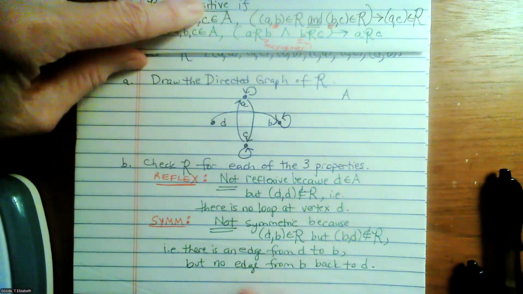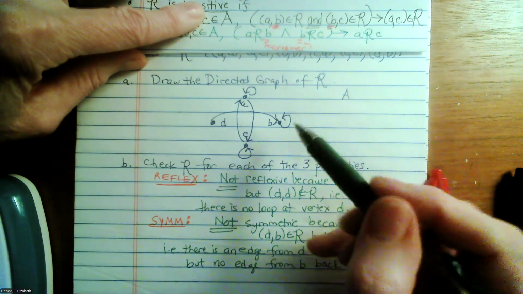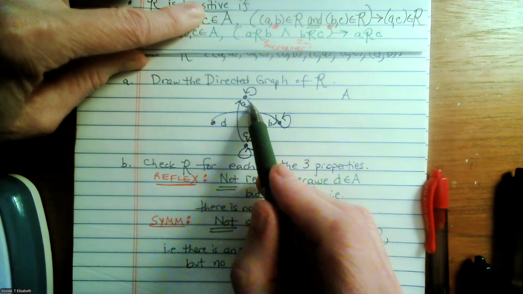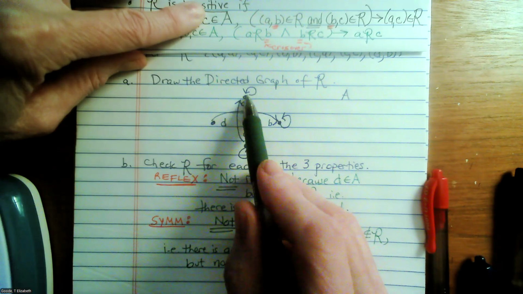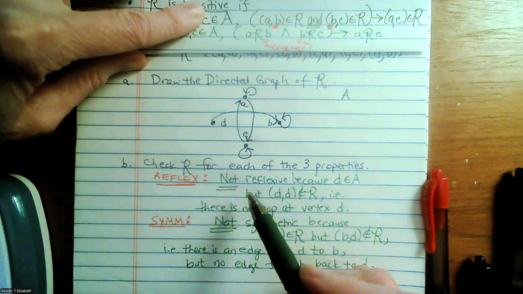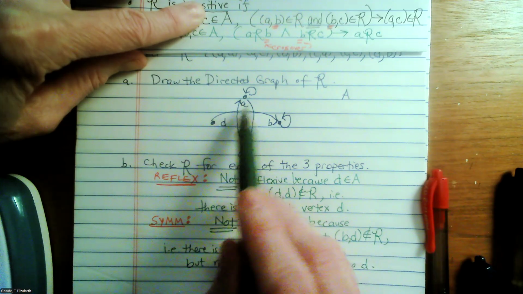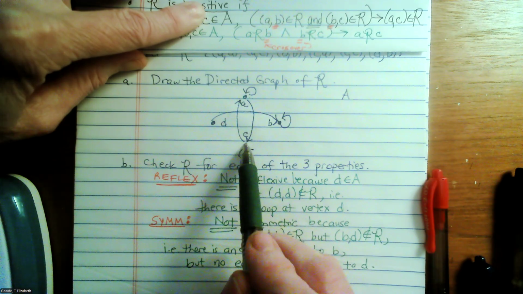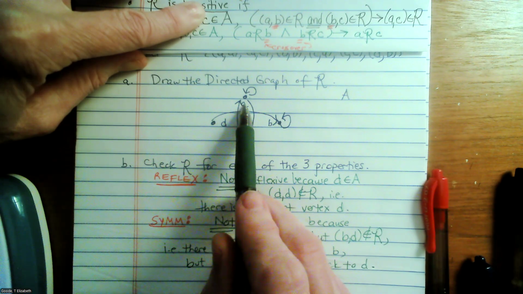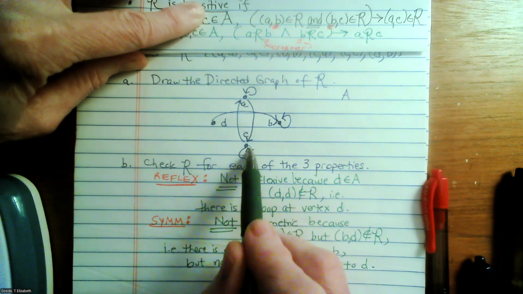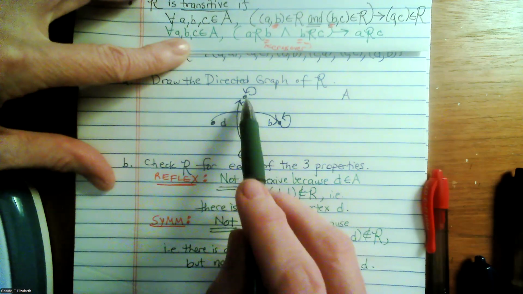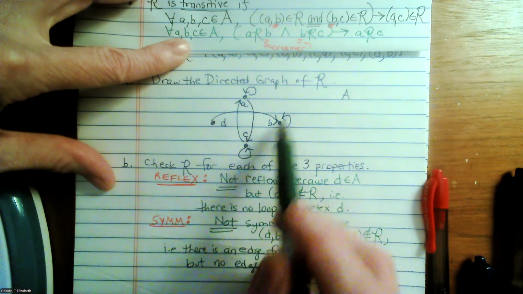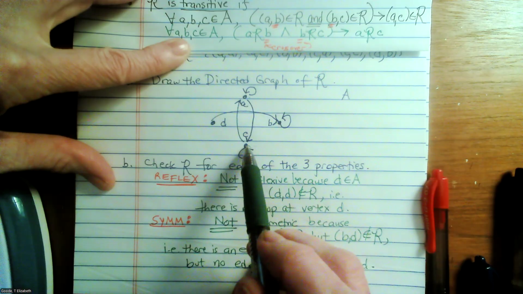So in the graph, the way that we can think about it is this. If we have an edge from, say, A to C, and then from C back to A, we need to be able to get from A directly to A, and we can. Also, there's an edge from C to A, and then from A back to C. So C to A to C, crossing over on the A, we do have C comma C. And those are the only two edges besides edges involving these reflexive pairs that we don't need to check because they never make transitivity fail.